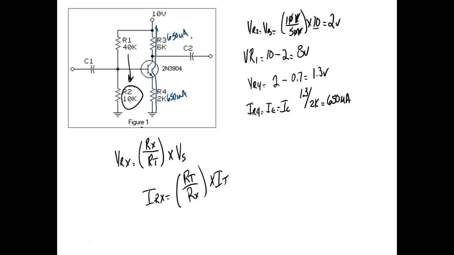So what can I solve for? Well, let me get my black pen back up. I can say VR3 is going to be equal to 6K times 650 micro.